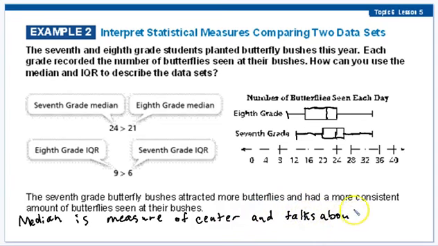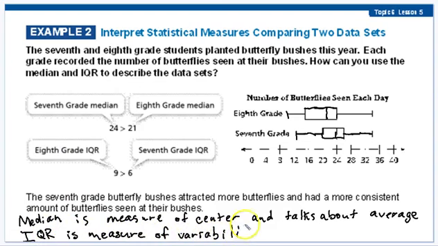And then the IQR is a measure of variability, and it talks about consistency.